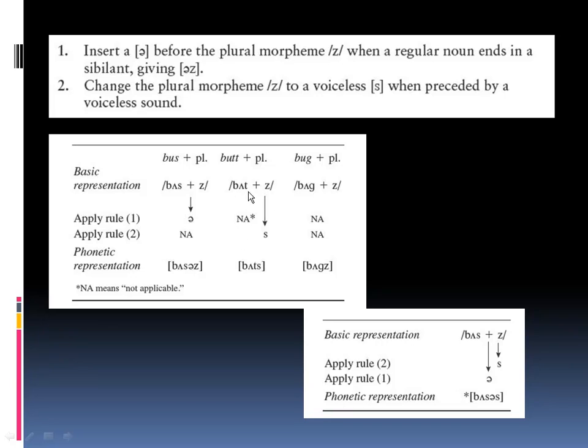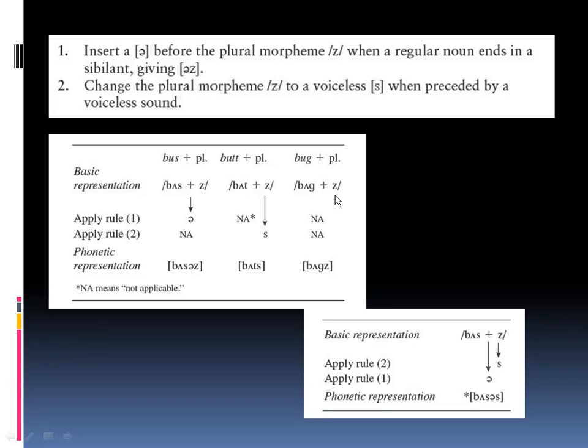But if you look at bud and z, okay, there is no sibilant sound here, so rule number 1 doesn't apply. So you continue with this, and then, oh yeah, there is a voiceless sound. So z becomes s. So in the end, you have buts, which is the right sound. How about this one?